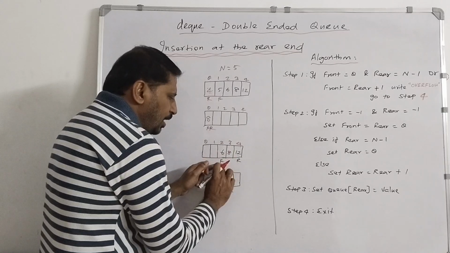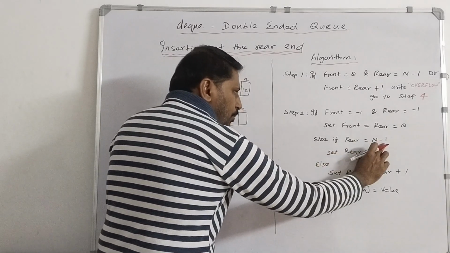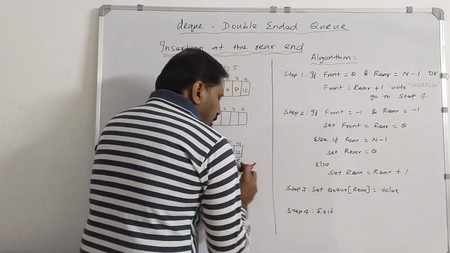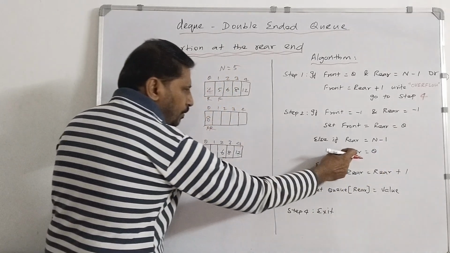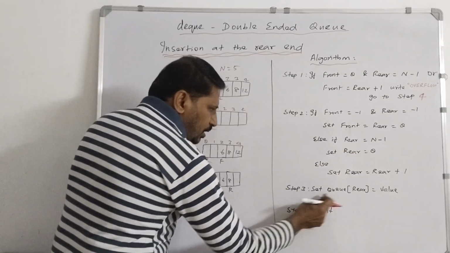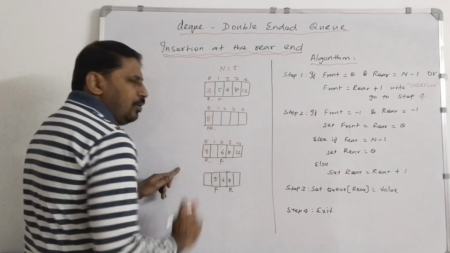So front is in the second position, rear is in the fourth position. Rear equal to n minus 1 means that we are reassigning the rear from here to the 0th position. Then the control comes to the third step, q of rear equal to value, so we are entering the value here.